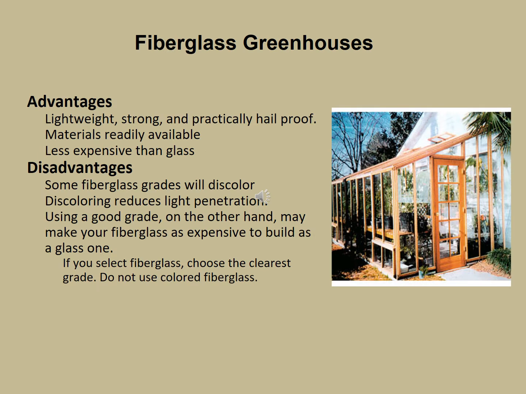So plastic is just a generic word for these fiberglass type greenhouses. Some of the advantages to a fiberglass greenhouse would be that the walls are lightweight, they're strong, the materials are easy to obtain, and they're less expensive than glass. Some of the disadvantages of the fiberglass are that the fiberglass panes will discolor and turn more opaque over time, and that reduces light penetration.